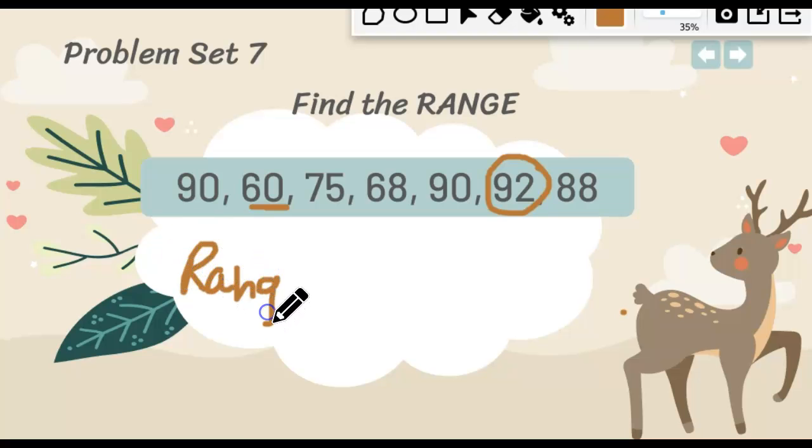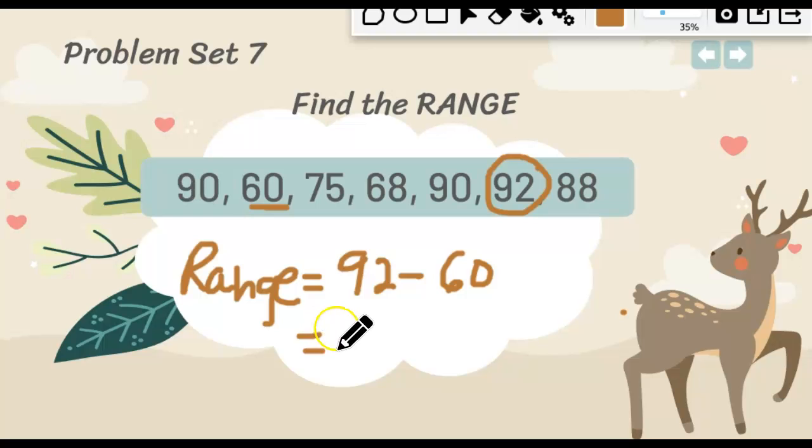So that's easy, right? That's 92 minus 60. And that's going to be what? 32. Highest minus the lowest all the time.